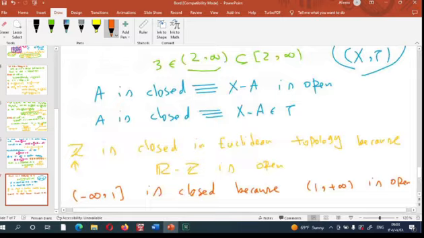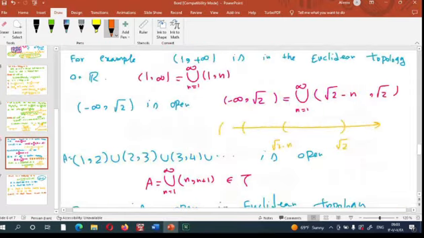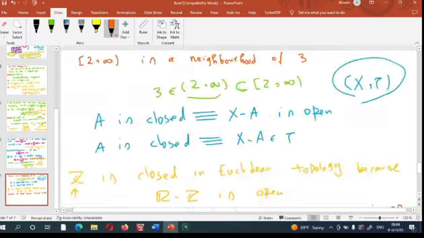Okay, this is in the Euclidean topology, so this is an open set.